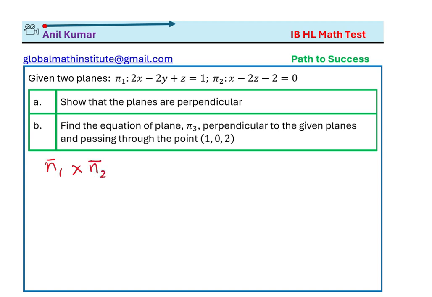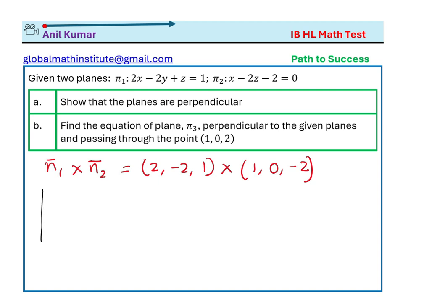Basically, n1 we know is (2, minus 2, 1), and we do the cross product with (1, 0, minus 2). Everybody does the cross product in different ways. I will do it using the matrix. If it is new for you, it is a good opportunity for students to learn how we use a matrix for the cross product.